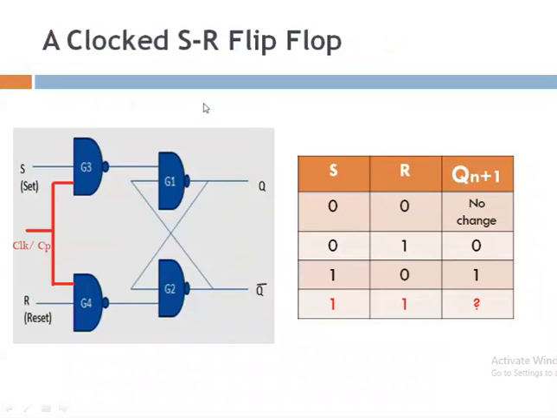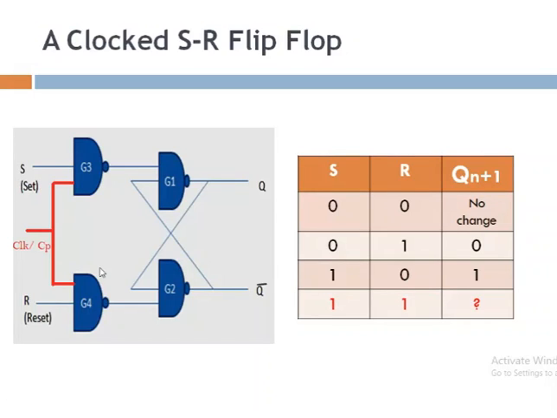Now another part of your SR flip flop is considered as the clock SR flip flop. So there is one additional part, the previous circuit is the same. With the help of this red mark, I have marked the additional part. In the previous case, G3 and G4 had only one input each, that is S and R respectively.